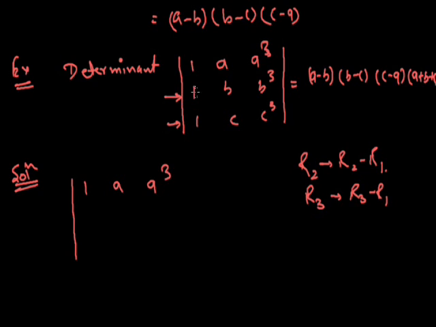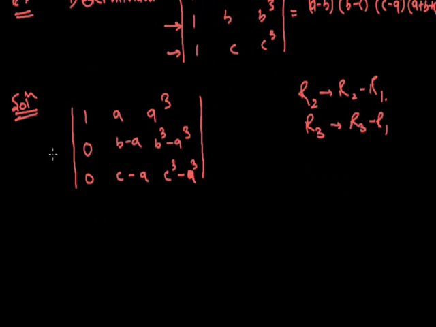R2 becomes 1 minus 1, 0, B minus A, B cube minus A cube, and R3 becomes 1 minus 1, 0, C minus A, C cube minus A cube. Then in the second row, the common factor is B minus A, and in the third row the common factor is C minus A.